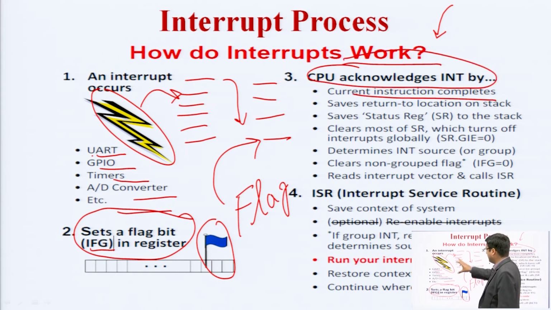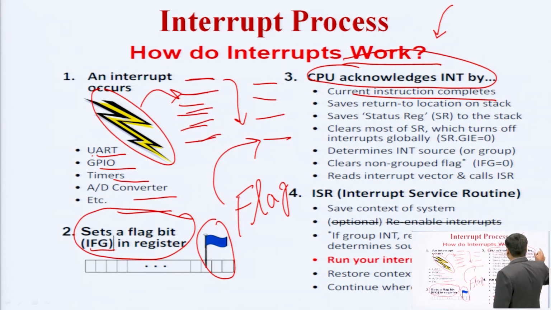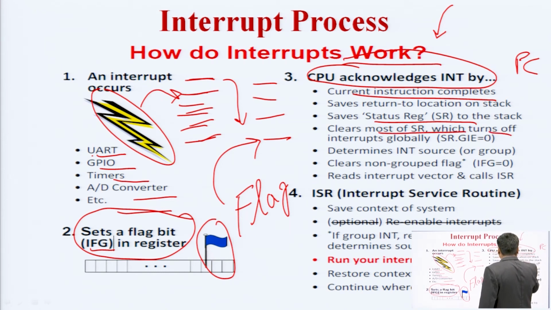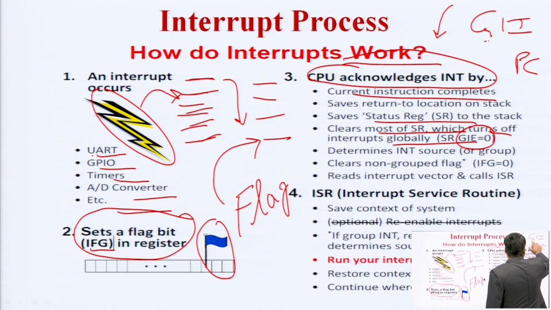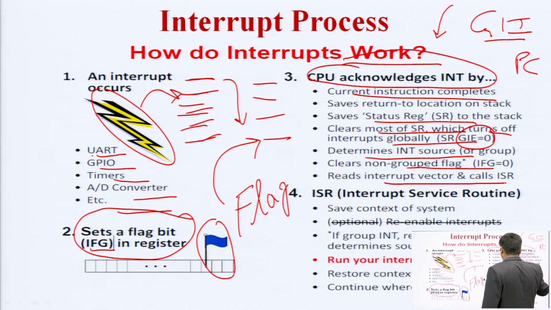It will save the contents of the program counter and save the contents into the status register. It then clears most of the SR, which turns off interrupts globally. So we have to disable the GIE, global interrupt enable, and determine the INT source, where the interrupt is coming from, and read the interrupt vector.